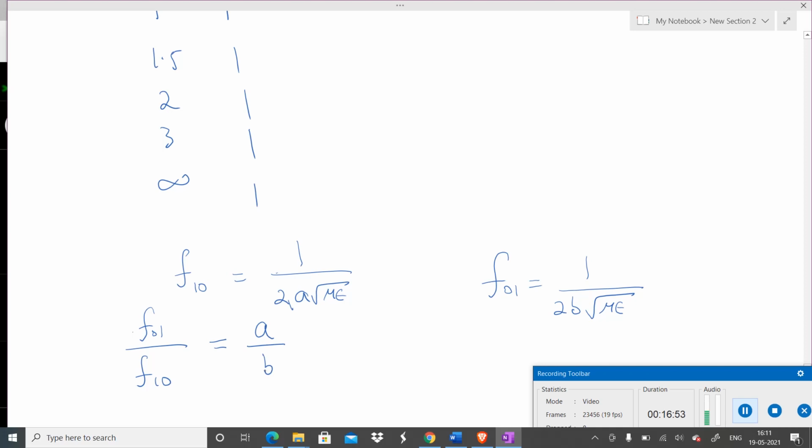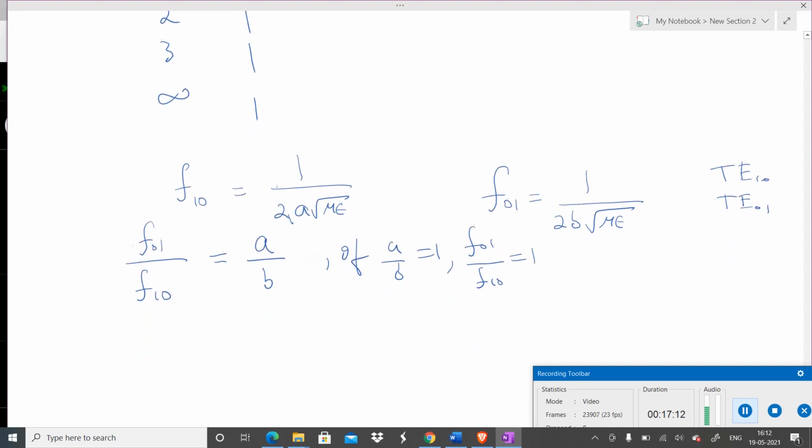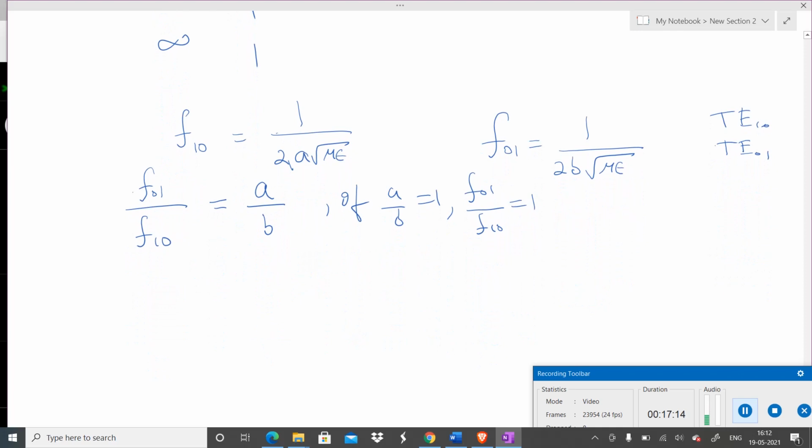And if A by B is 1, then this ratio will also be 1. So it means the frequency of the TE10 mode and TE01 mode is the same if the dimensions of the waveguide are the same. Now whatever be the ratio of A by B, the same will be the ratio of f01 and f10.